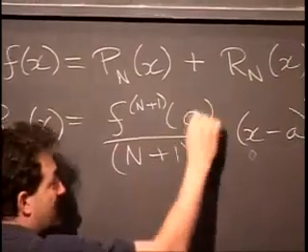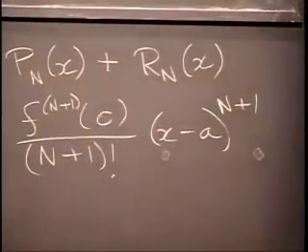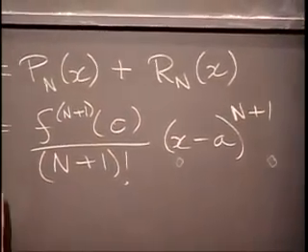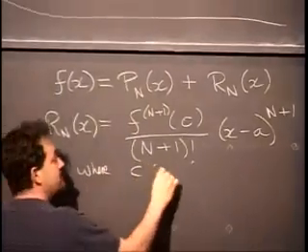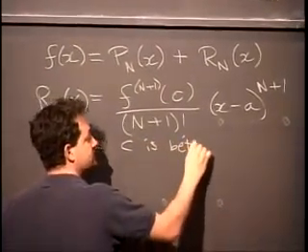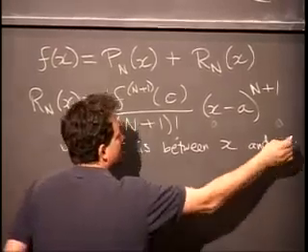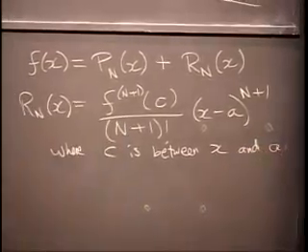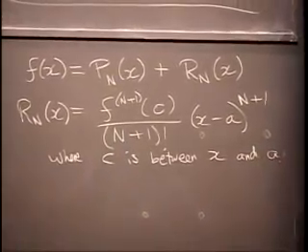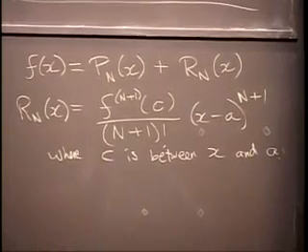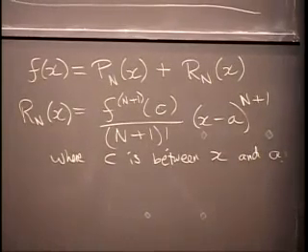But it's not at a. It's at some number c, where c is in between x and a. So you pin it down somewhat. The closer x is to a, the more control you have over c. In this case, x is minus a tenth, and a is 0.